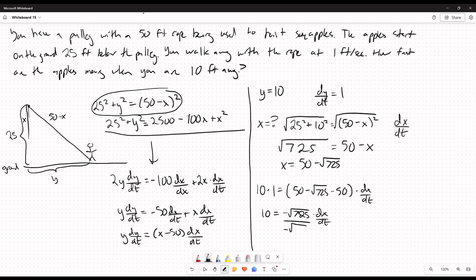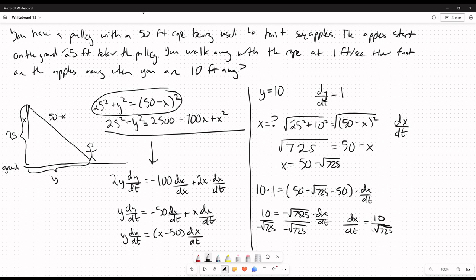Divide both sides by negative square root of 725, and you end up with dx/dt equals 10 over negative square root of 725. And that makes a little bit of sense. This length x is the distance between the apples and the pulley, and in fact that is getting smaller as time goes on. So yes, our answer checks out.